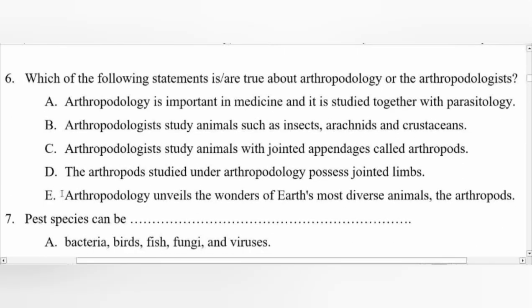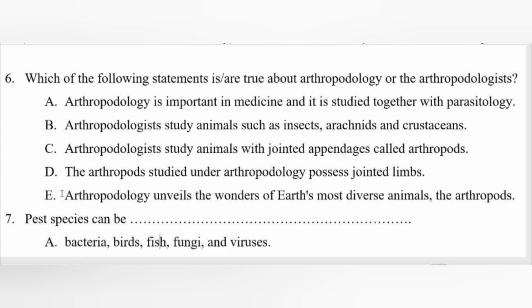Now, question number 6. Which of the following statements is or are true about anthropology or the anthropologists? The first option says anthropology is important in medicine and it is studied together with parasitology. That's our option A. Option B says anthropologists study animals such as insects, arachnids, and crustaceans.